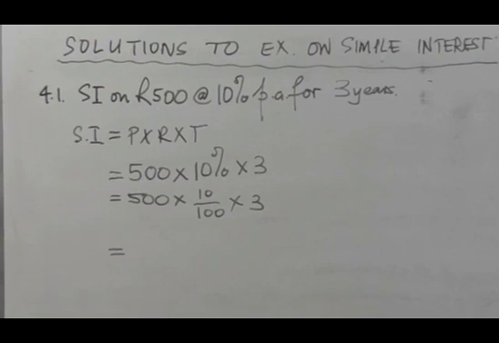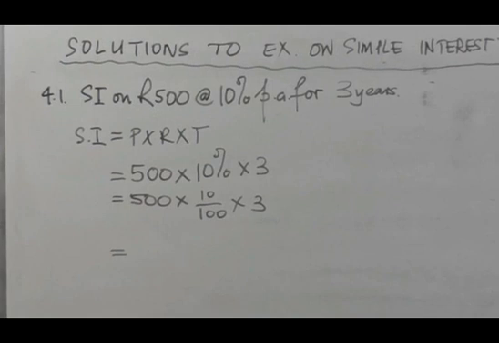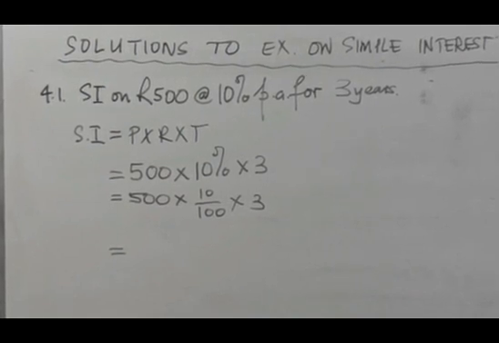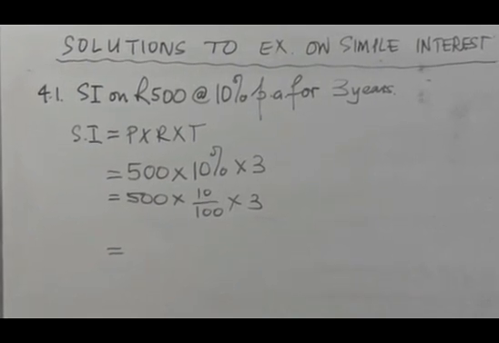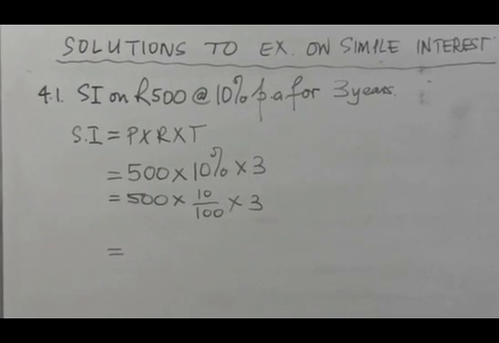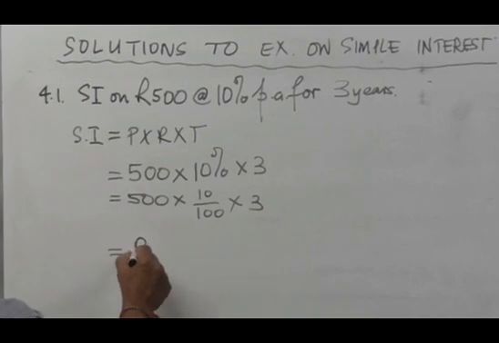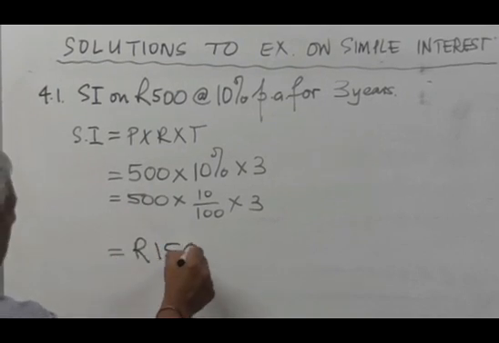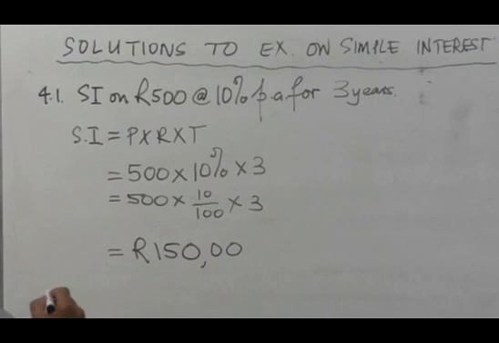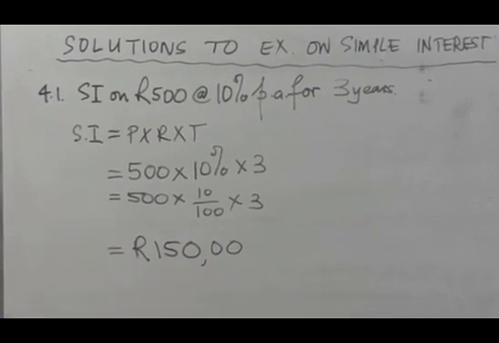You don't want to make mistakes, so you just plug in to your calculator 500 times 10 divided by 100 times 3 is equal to, and you get 150. So the answer is 150 Rand. Alright, that's 4.1. We give you a couple of seconds to have a look at that.